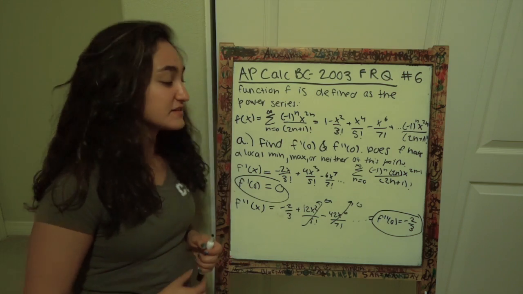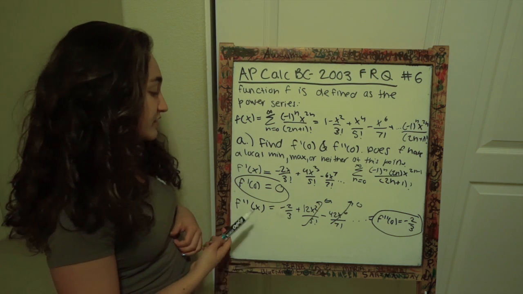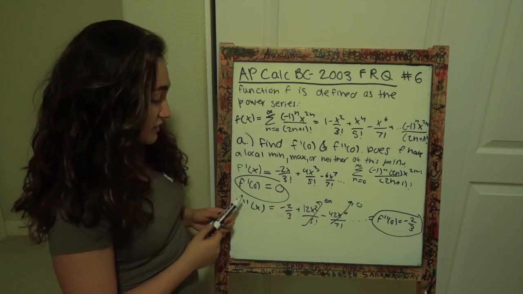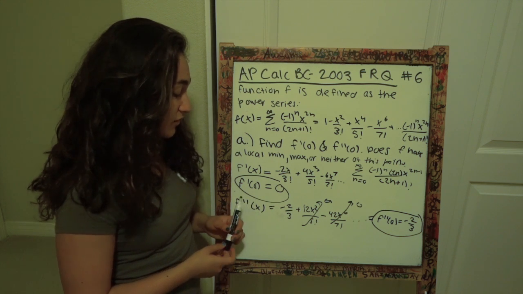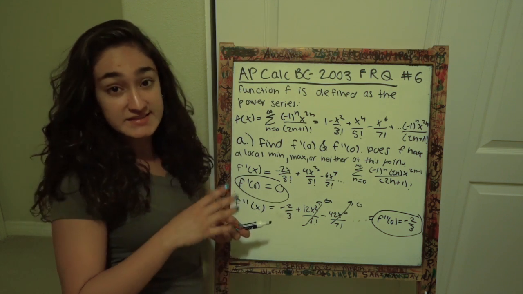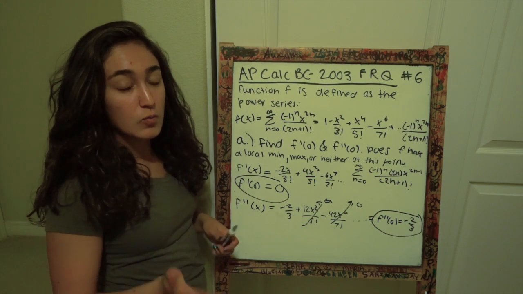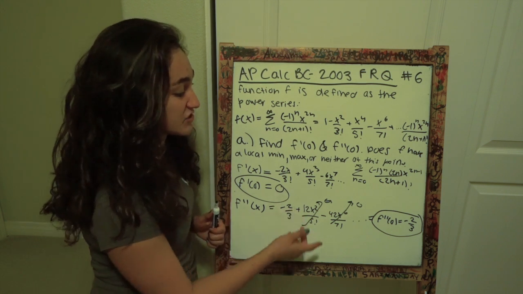To determine if this is a local extremum, we can look at the first and second derivatives. Since the first derivative is equal to 0, we know that the function is probably going to change signs at that point, meaning that it's either a local minimum or a local maximum. But we're not quite sure yet until we check the second derivative.